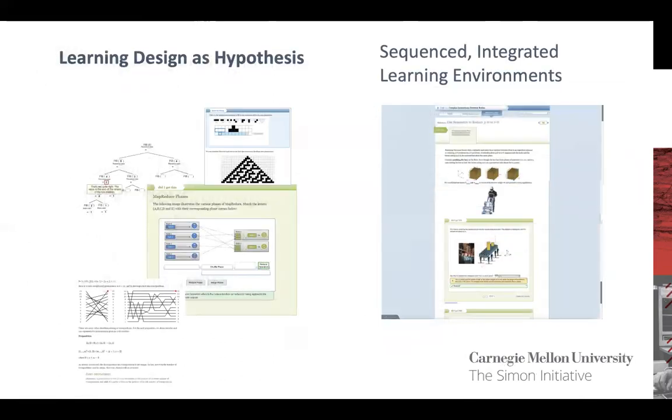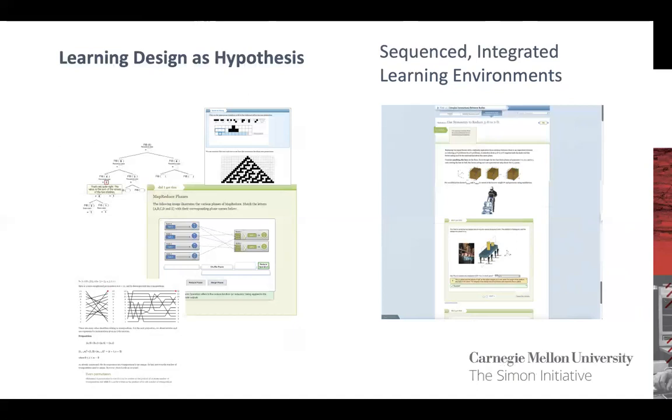We like to talk about this design approach using a phrase that I've borrowed from my friend Dale Pike, which is learning design as hypothesis, that we want to be really explicit in stating what are the outcomes that we want students to achieve, and what is the sequence of activities that we believe will support learners in achieving that new knowledge state.